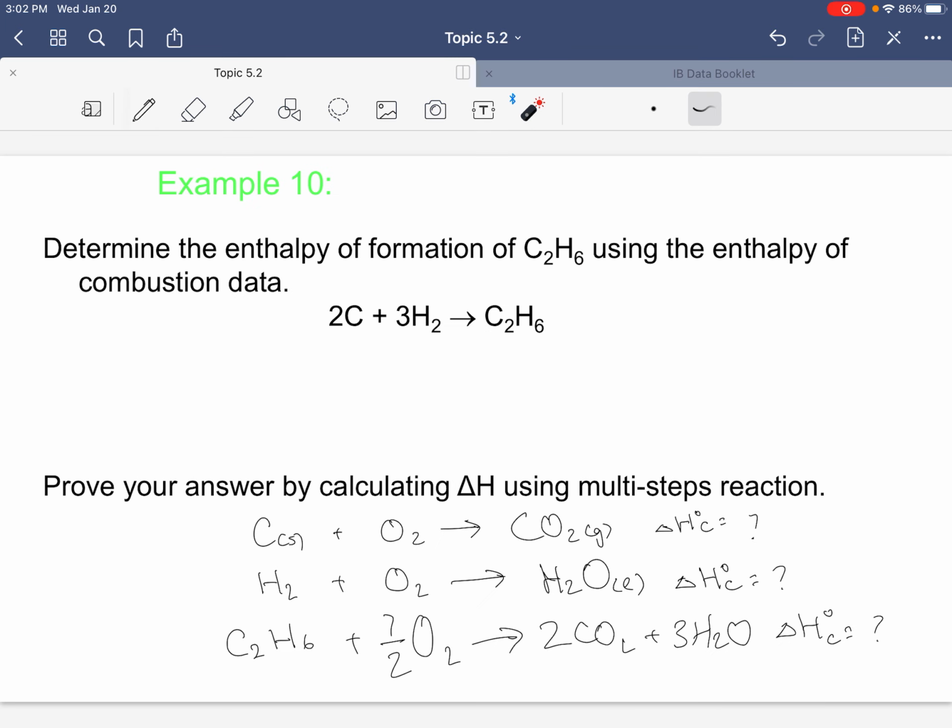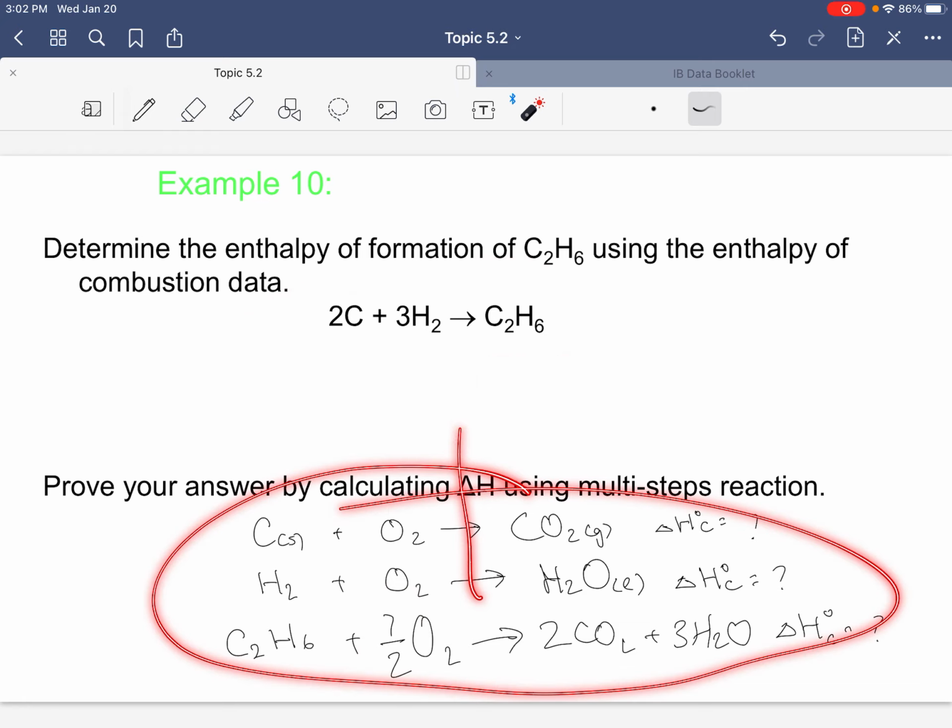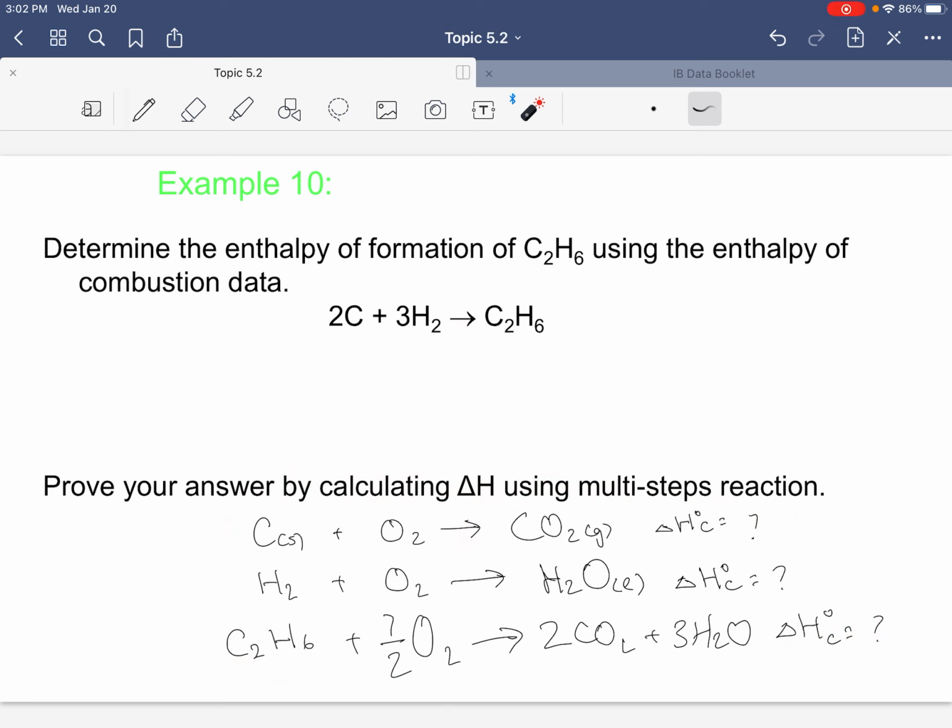Remember, when you're asked to prove your answer, combust these guys individually. Make sure all the reactions have your combustible element as 1. If you do that, there are times where you're going to have to use fractions. Make this your target and try to rearrange these to become like this, and then sum up all the delta H. See if you get the same number.